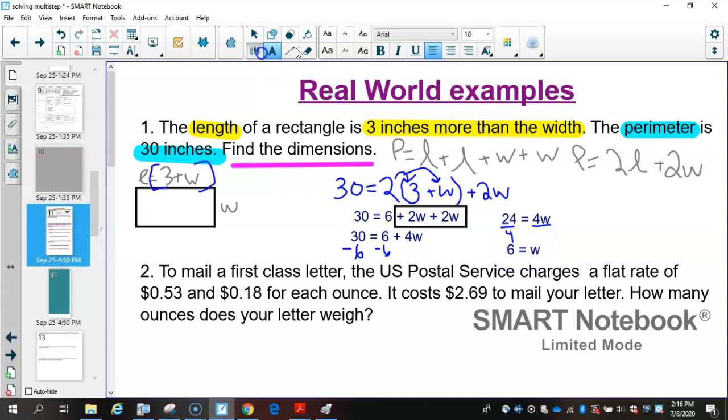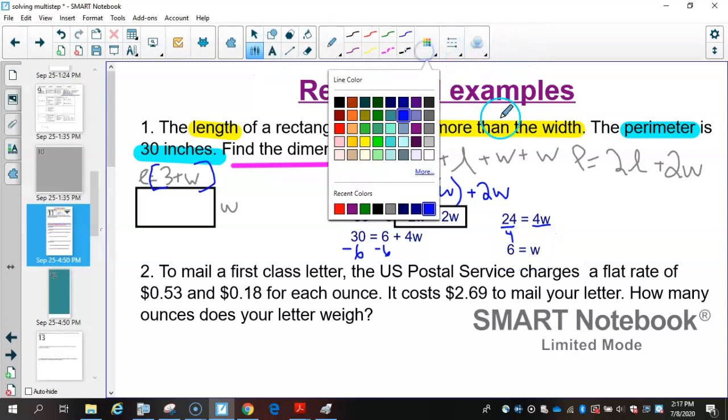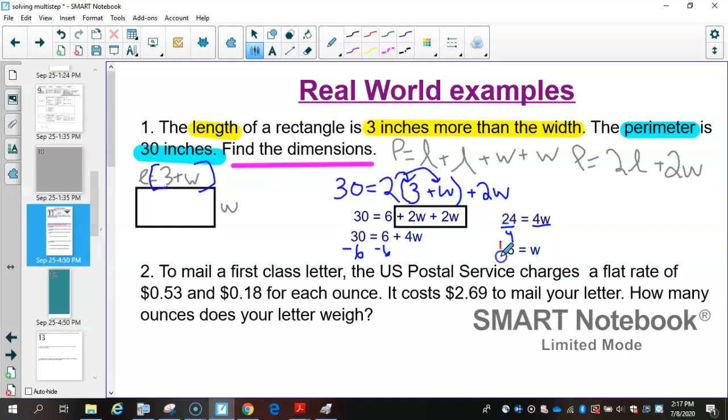Now, that's just one of the lengths. It said find the dimensions, so we have to find both the length and the width. Luckily for us, it told us that the length is 3 inches more than the width, or 3 plus W equals L. So if I know the width is 6, length has to be 9.